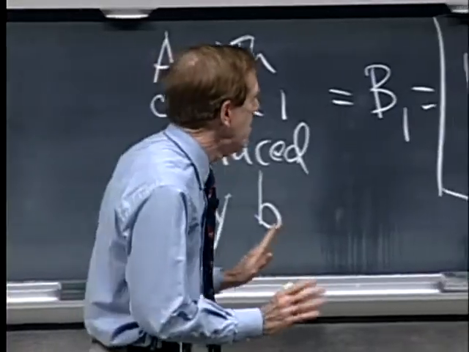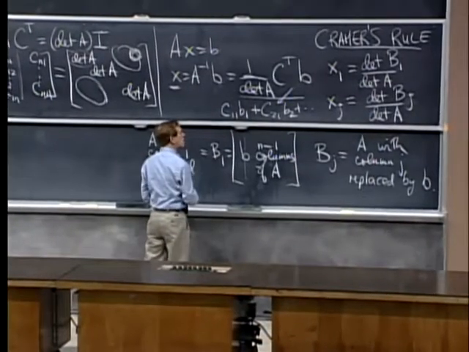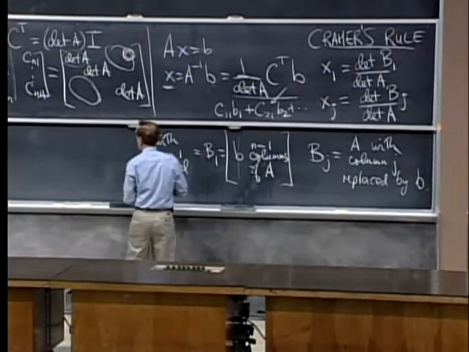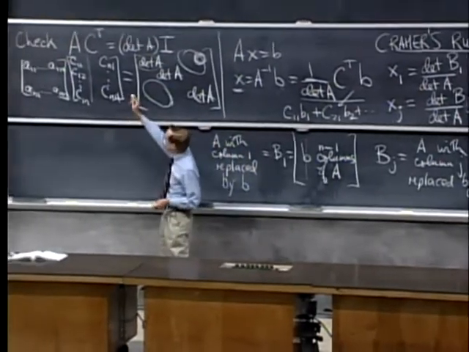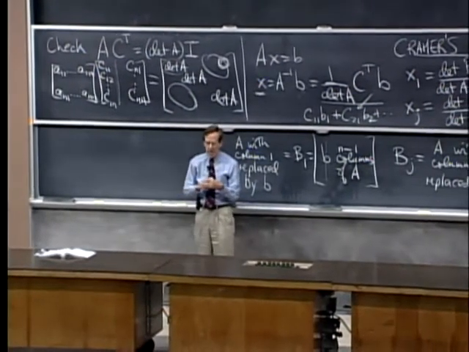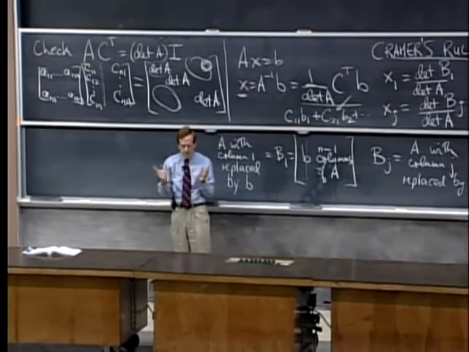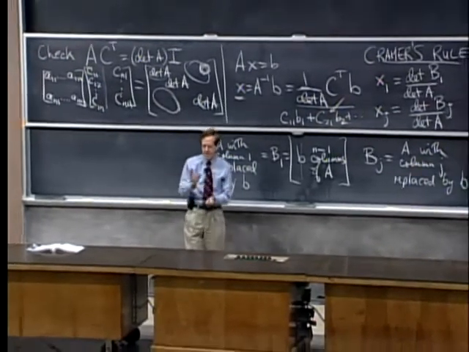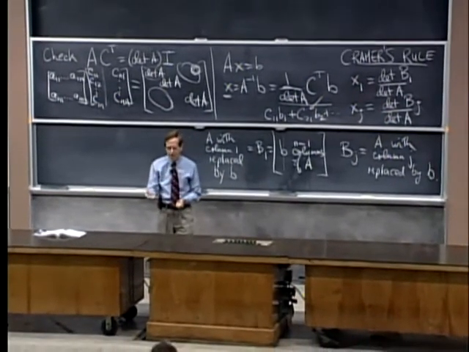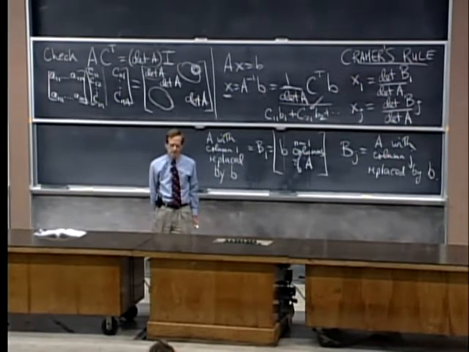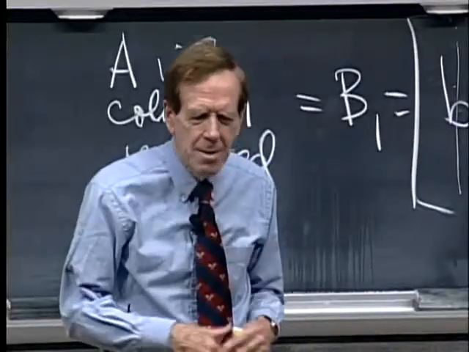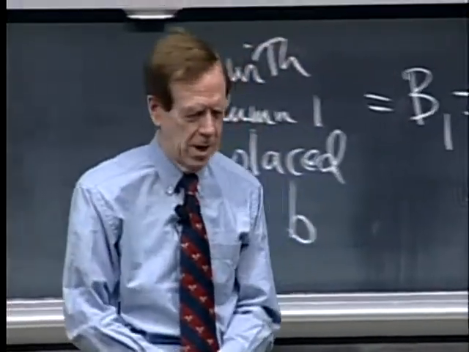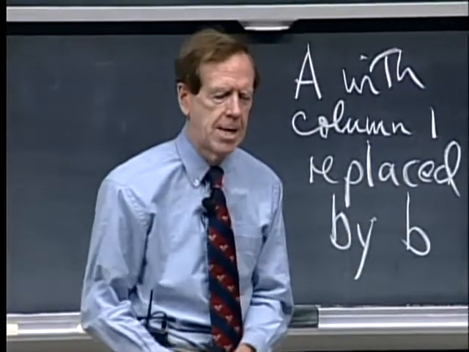So there's some value in the Cramer's rule formula for x and in the explicit formula for A inverse. They're nice formulas, but I just don't want you to use them. That's what it comes to. If you had to, and MATLAB would never do it. I mean, it would use elimination. Okay.